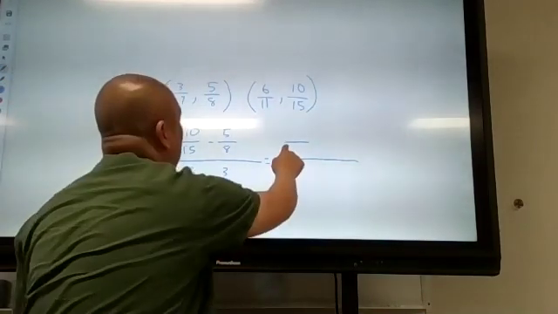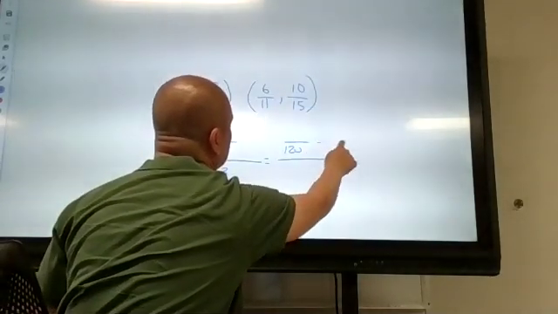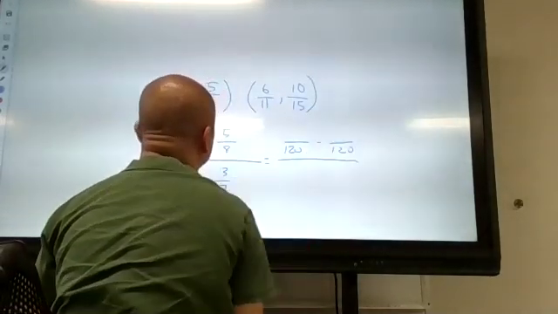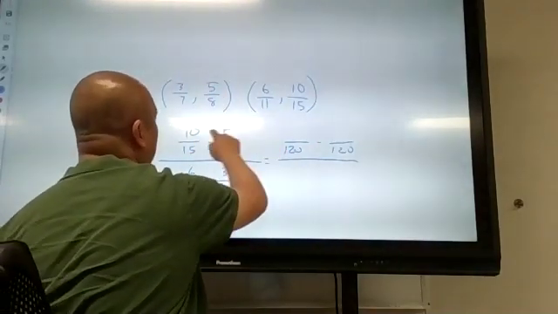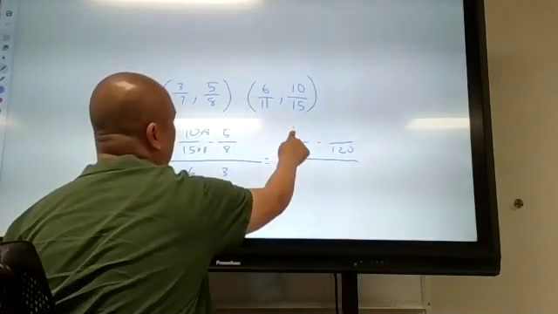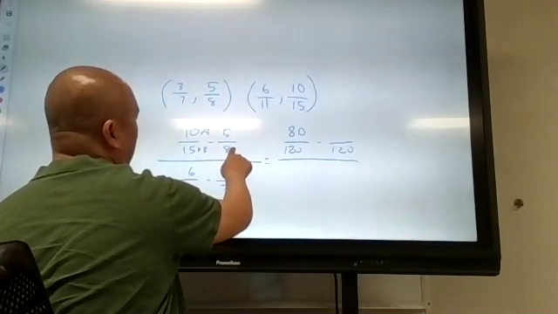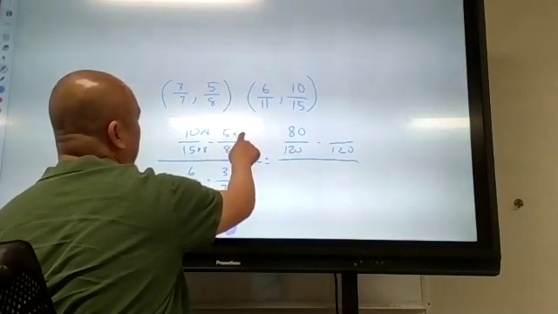I think that's the lowest common denominator. So 15 times what equals 120? That's 8. So I'll multiply this by 8 as well. That'll be 80. And then the bottom here would be 15. So 15 times 5 is, I believe, 75.